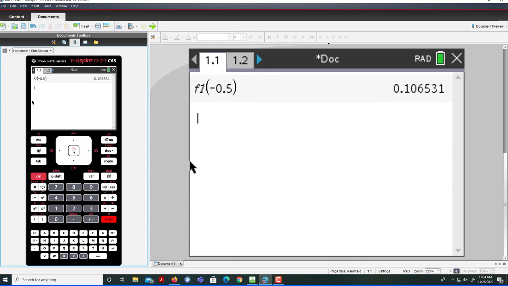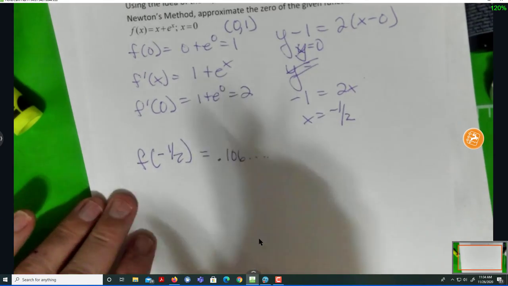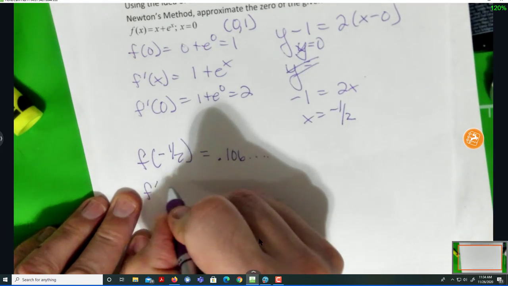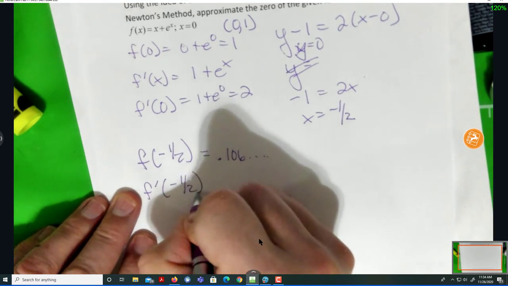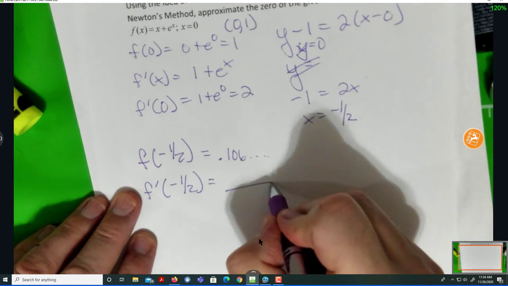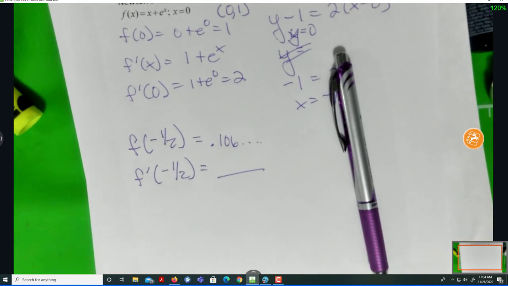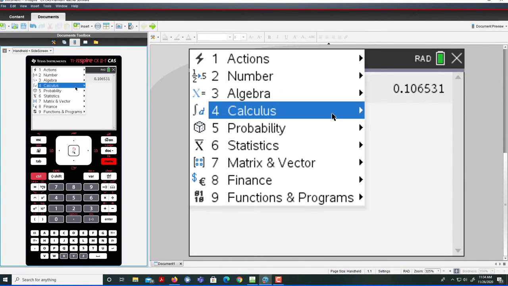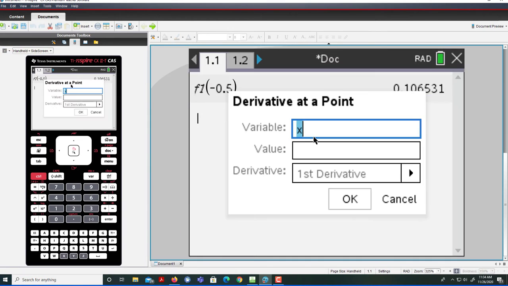Now I find the value of the derivative at negative 1/2, and I put that here. So, menu, calculus, derivative at a point.